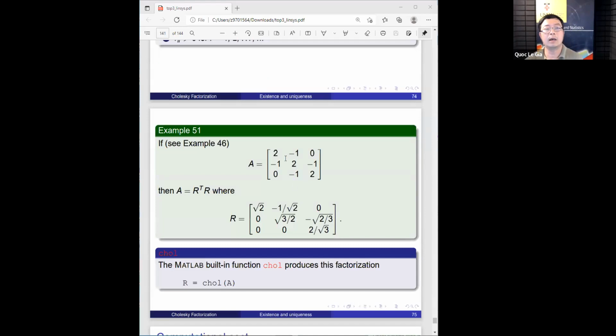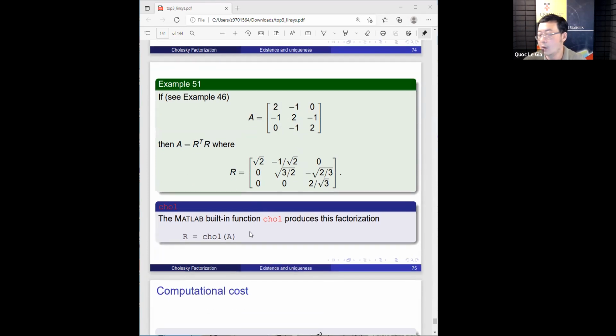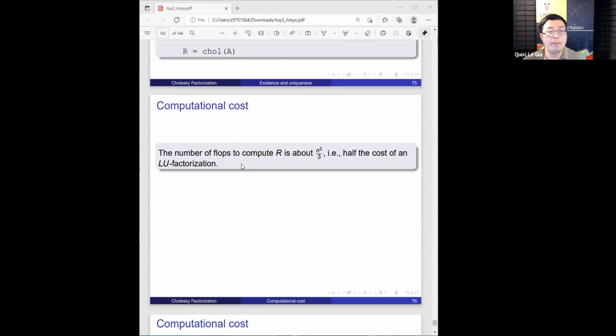This is an example of a matrix. Like before we had that matrix, and when you compute the Cholesky factorization, then you have an upper triangular matrix like this. In MATLAB, the function CHOL will produce a Cholesky factorization of the matrix A. The number of flops to compute the matrix R is about n cubed over 3, so half of the cost of the LU factorization.